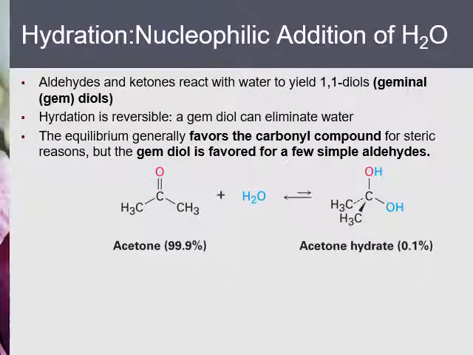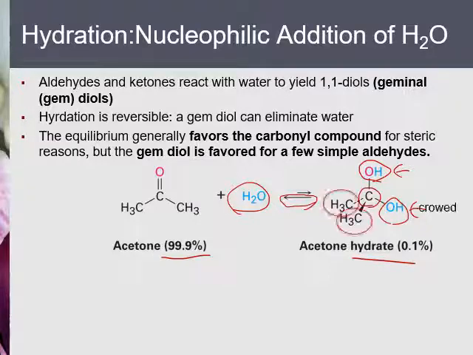Aldehydes and ketones also react with water to form 1,1-diol, with 2 hydroxy groups attached to the same carbon, which is also called geminal diols. The reaction usually favors the reverse reaction. In other words, most ketones and aldehydes do not go to the product in significant amount. This is due to the steric effect.